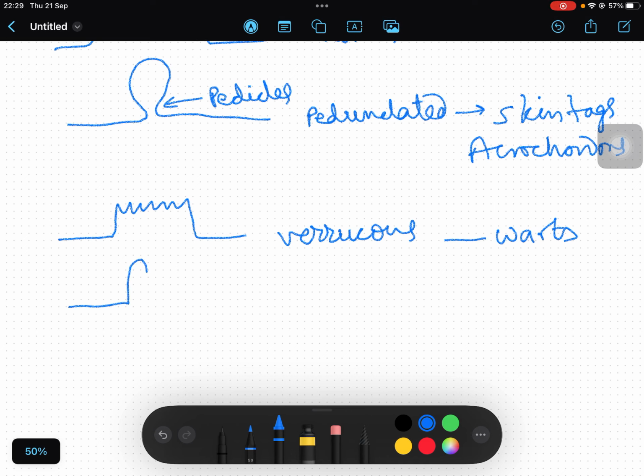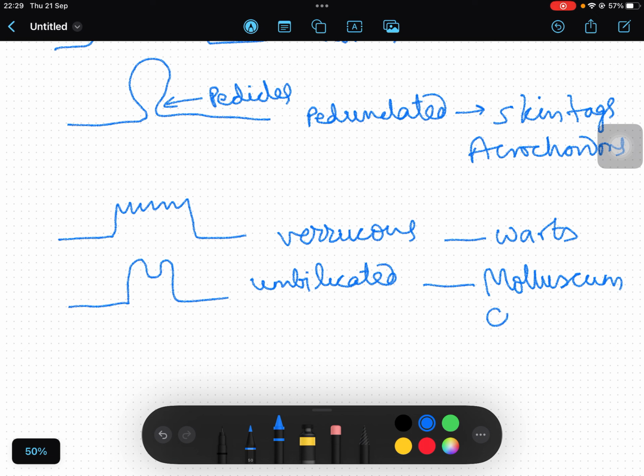Some papules may be umbilicated. The typical example of an umbilicated papule is molluscum contagiosum.